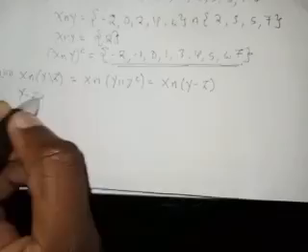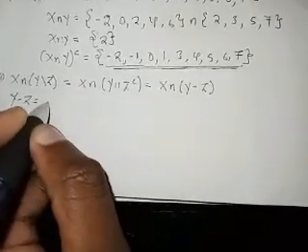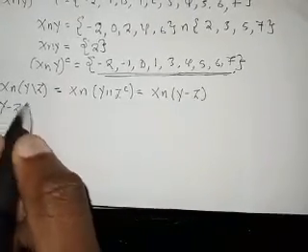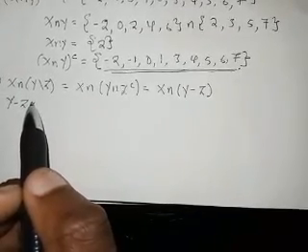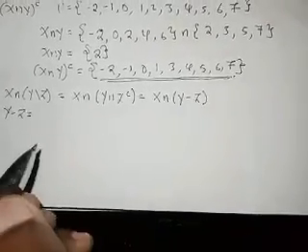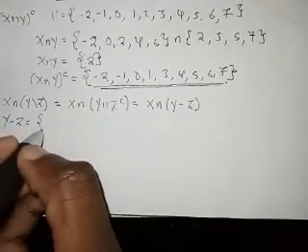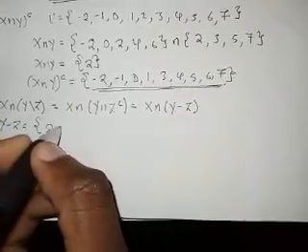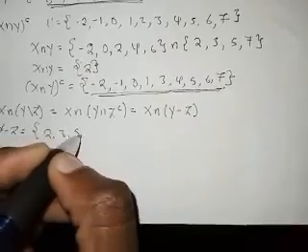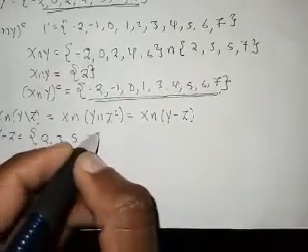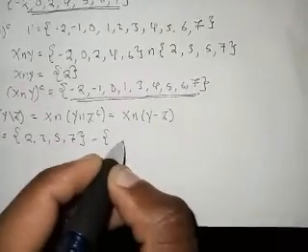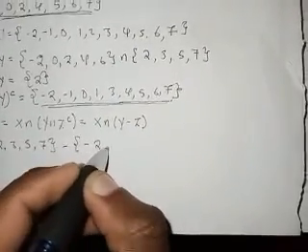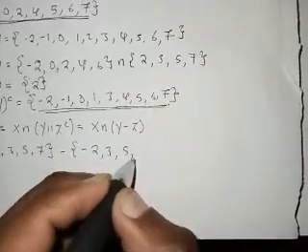You can refer to the previous video, where I explained this. Y minus z simply means all the elements which are in z, remove them from set y. So we're going to list set y, which is 2, 3, 5, and 7. Then we'll subtract z from y, which is negative 2, 3, 5, and 6.